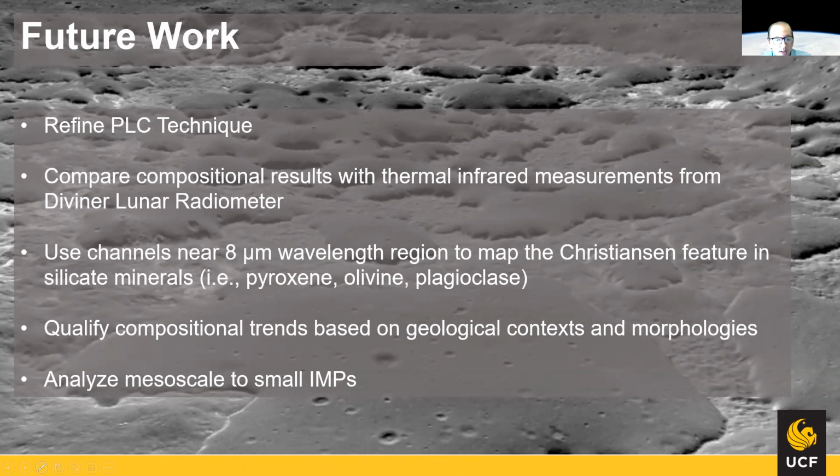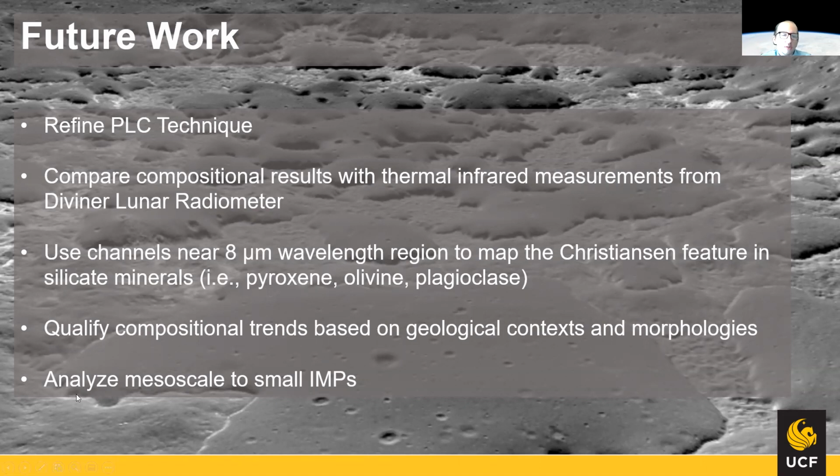We then intend to continue the analysis with the thermal infrared measurements from the Diviner Lunar Radiometer. Particularly, we're going to use the 3 channels near the 8 micron wavelength region to map the Christensen feature in these silicate minerals.